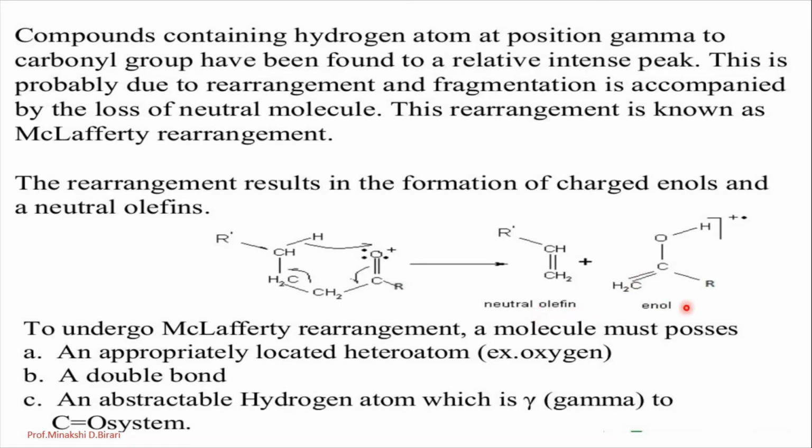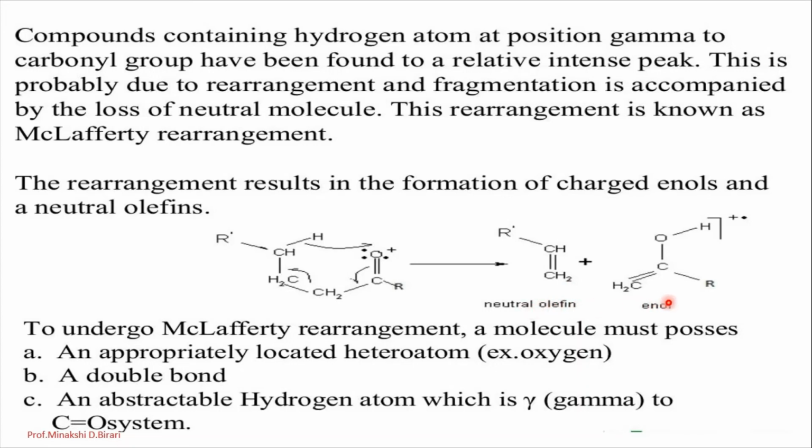So if we consider this carbonyl group, molecular ion formation occurs first of all, then the positions, if you observe here, alpha, beta, gamma. So the gamma hydrogen is present, and this gamma hydrogen is responsible for the rearrangement, and after that the fragmentation occurs that leads to the formation of the neutral olefin and the enol.